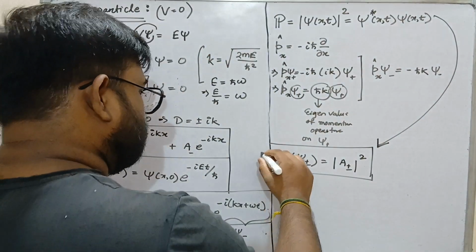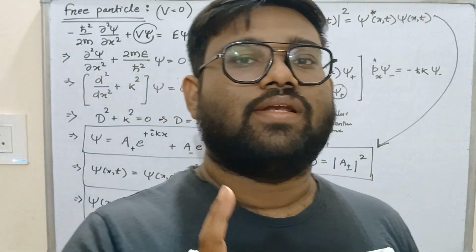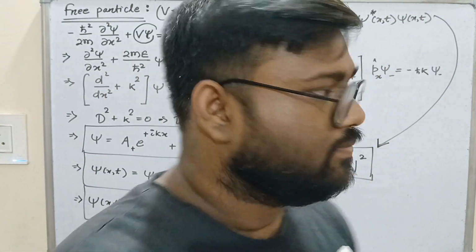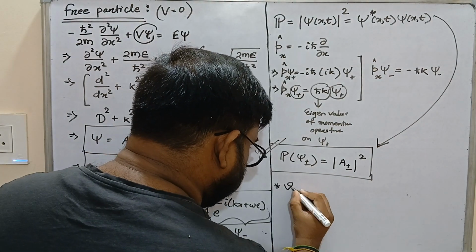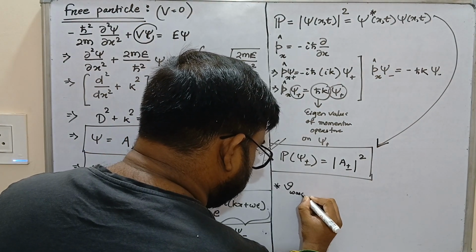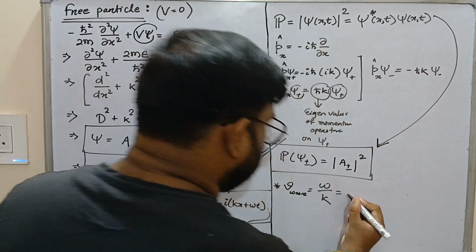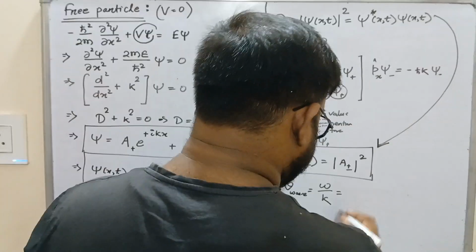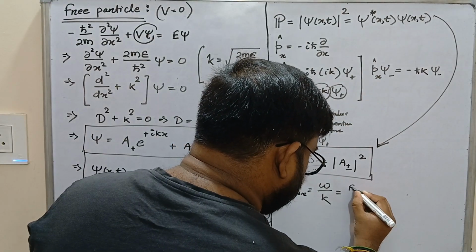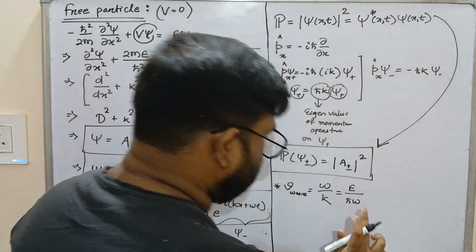Now, after studying this part, let me tell you something else. When we calculate the velocity of a wave, we can use this formula, omega by k. Everyone knows we do that. Now, omega by k can be considered as E by h bar k.